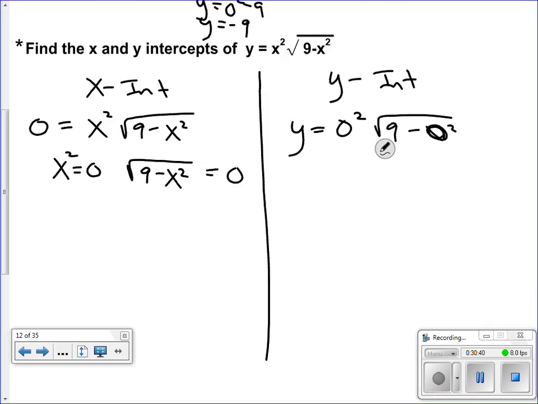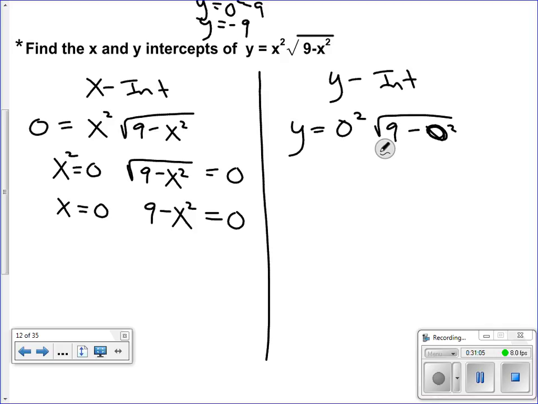Now, if x squared equals 0, what does x equal? 0, right? You could take plus or minus the square root of 0. It's just going to be 0. So what about that other one? What do we do to both sides to get rid of that radical? If that's what's bothering you, don't worry about it. The only way a square root of a number is going to be 0 is if the number is 0. Now we solve for x here.